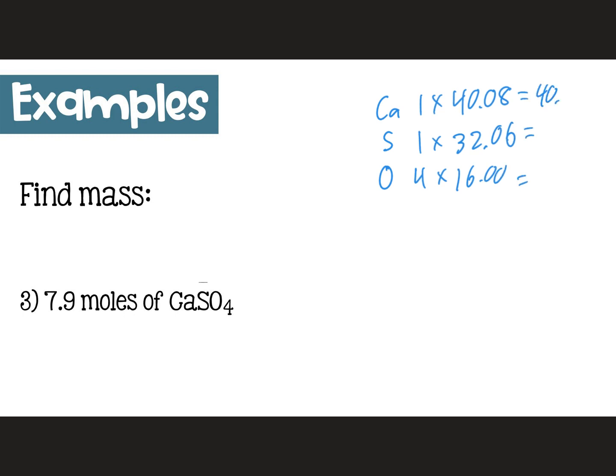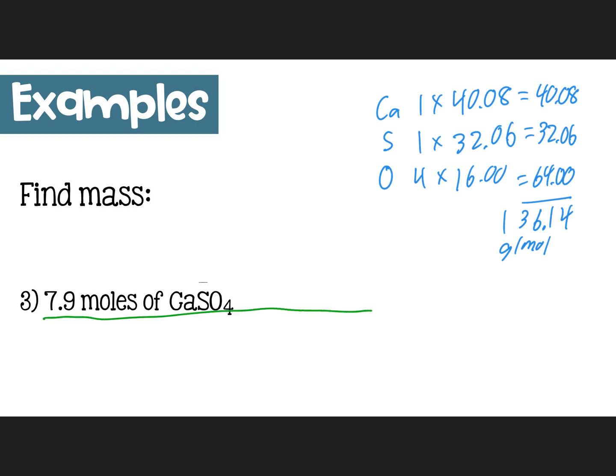Now, 1 times 40.08 is 40.08, 1 times 32.06 is 32.06, and 4 times 16.00 is 64.00. If we add all 3 of these numbers up, we get a molar mass of 136.14 grams per mole for calcium sulfate.